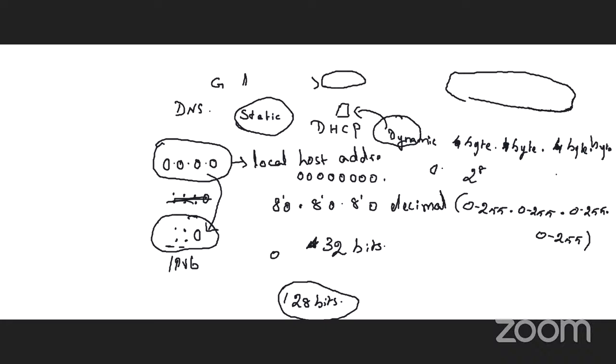Madam, for IPv6? Yes, IPv6. Since it is hexadecimal, it is also represented like this, but it is of 128 bits. That is what I represented as 4 byte, 4 byte, 4 byte, 4 byte, right? That is for IPv6.